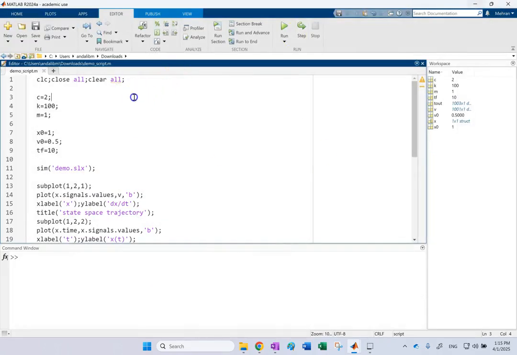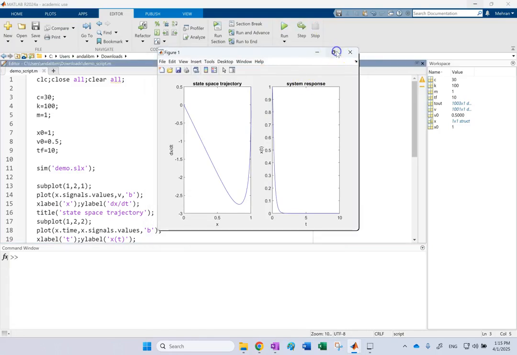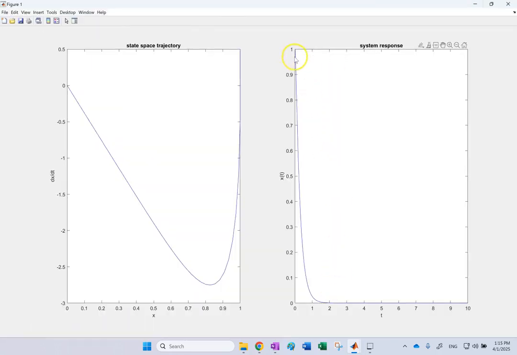Now, on the other hand, if I make c pass 20, like 30, I should definitely get an overdamped response. So let's do it. There we go. Look, your response exponentially goes to 0 very fast, and you start here, and without doing any spiral around 0, you directly go to 0, and that's it.